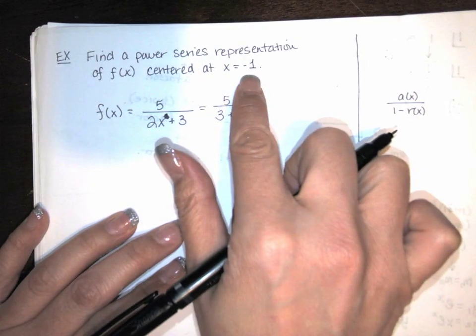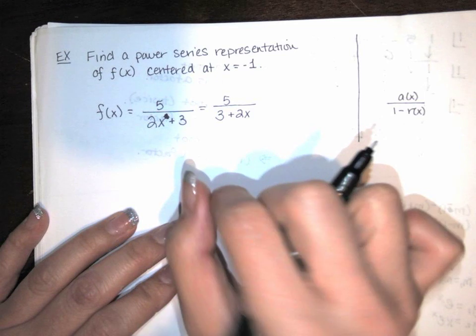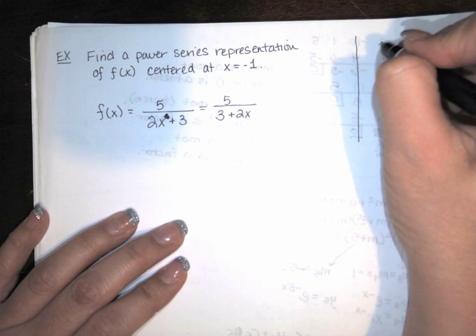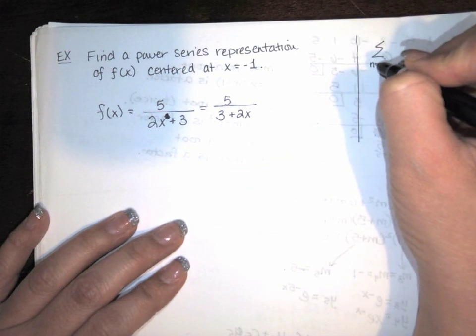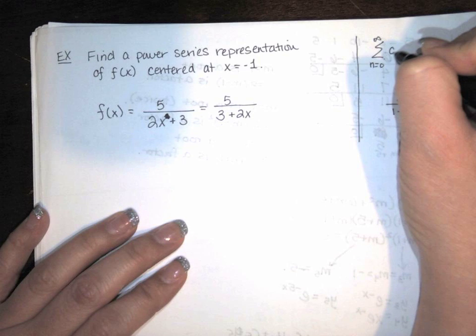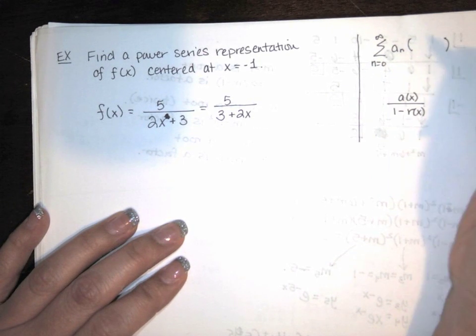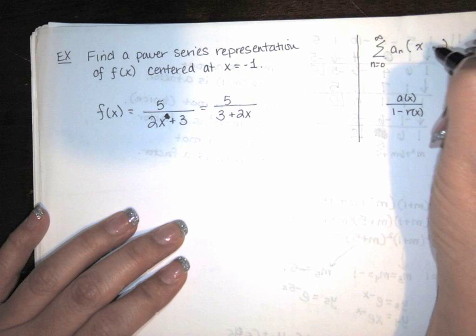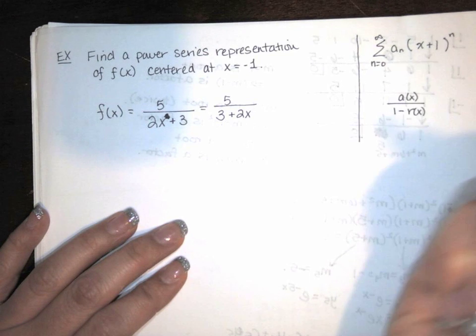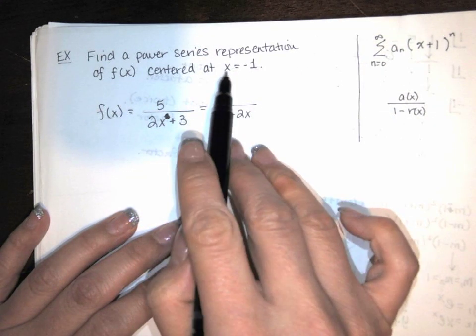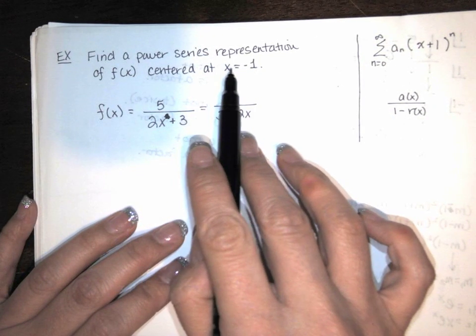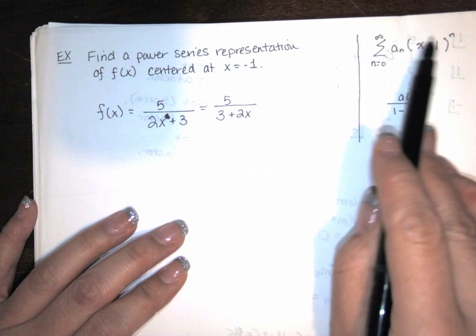Now in order for us to center the series at -1, well, remember what that would look like. If the center is -1, our series has to look like this. Some constants that depend on n, times x plus 1 raised to some power. Because if it's centered at -1, x equals -1 is the x value that should make this 0.